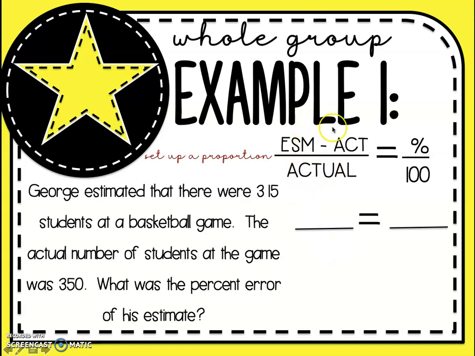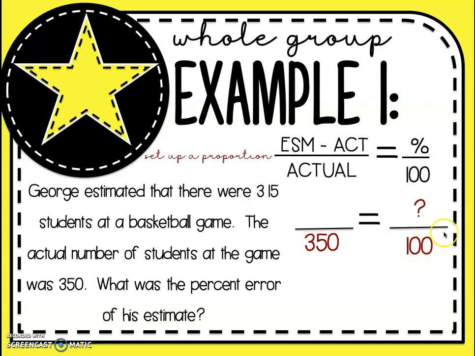So we're going to take our estimated minus the actual, 315 minus 350, and we want the absolute value of that. Actually, let's start with our actual, because that one's easy. Our actual is 350. We know that percent's always out of 100, so we put our 100 right here.